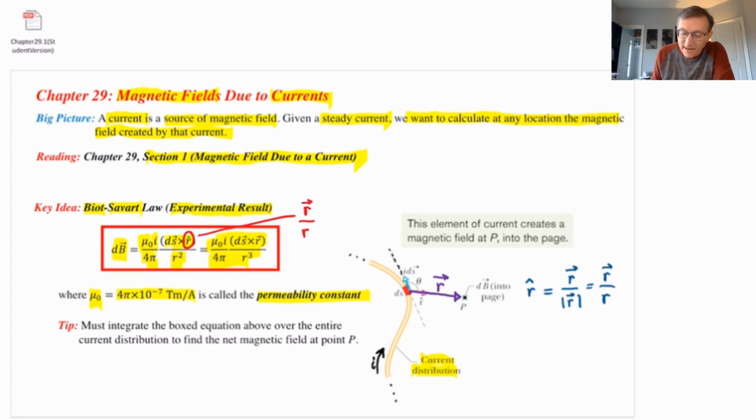Note then that if we apply that expression to the little element ds that you see there in the drawing, let's get the direction for dB.